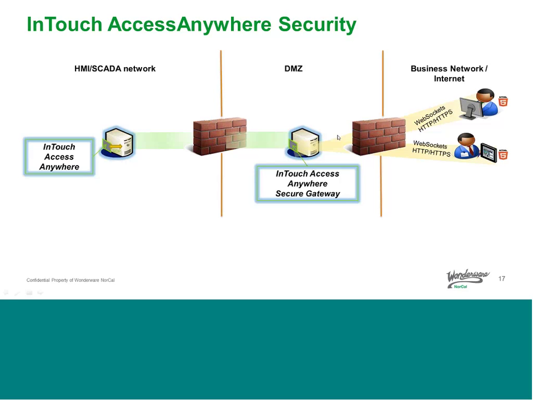So if you look in the middle here in what's called a DMZ, a demilitarized zone, this would be a network that's separate from your HMI SCADA network that someone who wants to access SCADA has to authenticate against. They have to log into a web page that is separate from SCADA. Once they authenticate against the web page in the DMZ, which we call the secure gateway, it then grants them permission to run the HMI application running on your SCADA network.